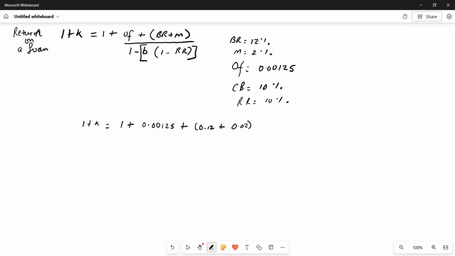Okay. And we are going to put all of that, because we're using the formula, 1 minus 10%, 0.1, or 10%, times 0.9. Remember, the reserve requirement is 10%.